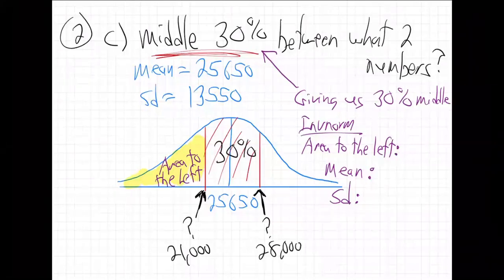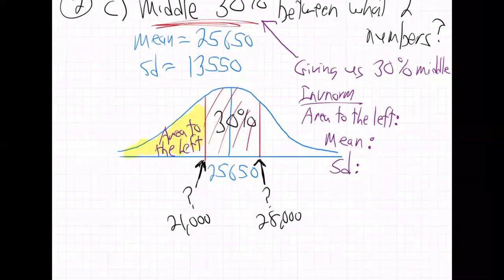It's got to be lower than the middle to higher than the middle, right? I'm just guessing right now, just to give you a feel for what we're trying to find. So from somewhere below the middle to somewhere above the middle is going to mark out the middle 30% of all college graduates and how much student loan debt they have.